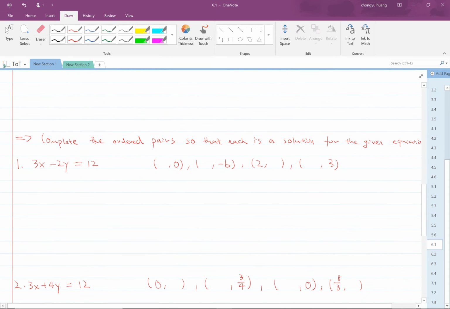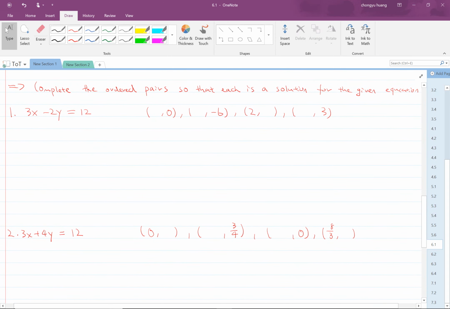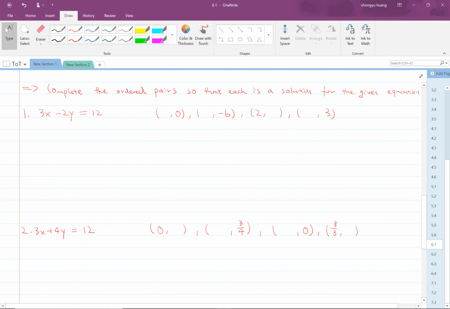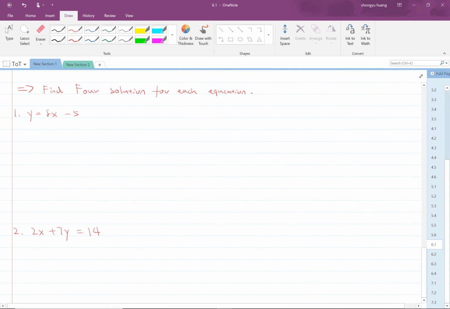Another type is to complete the ordered pair so that each is a solution for the given equation, with two problems as well. The final two questions ask us to find 4 solutions of each equation.